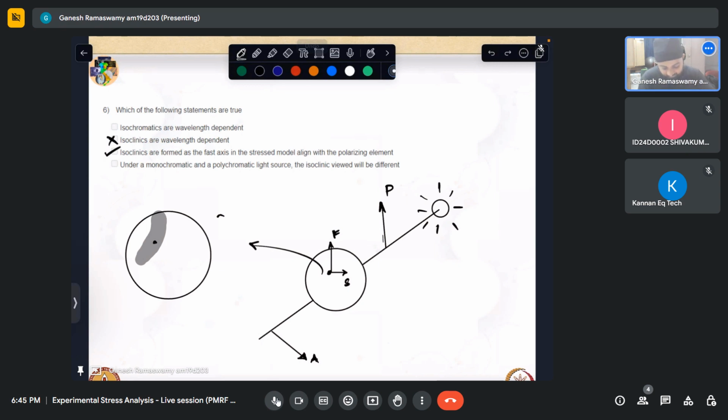Isochromatic, on the other hand, is nothing but N or delta. So we saw that sigma 1 minus sigma 2 is N F sigma by H, or rather, let me not take this one. Let me take this delta is 2 pi, one expression we had here.